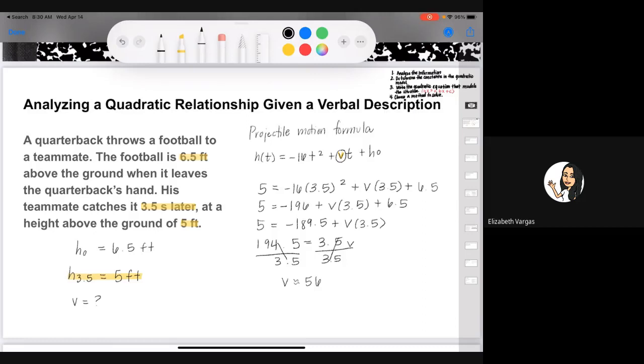Okay, so what I did here was I solved for this. I put this into the calculator. That was negative 196. Then what I did was I combined negative 196 with 65, which gives me negative 189.5. Then what I did was move 189.5 over to the other side.